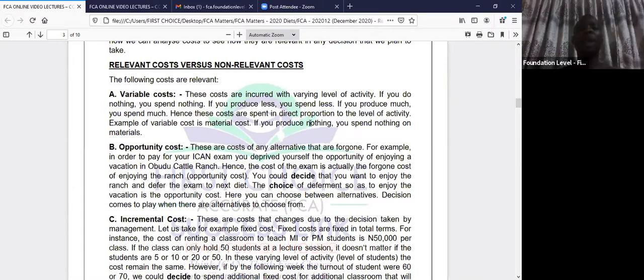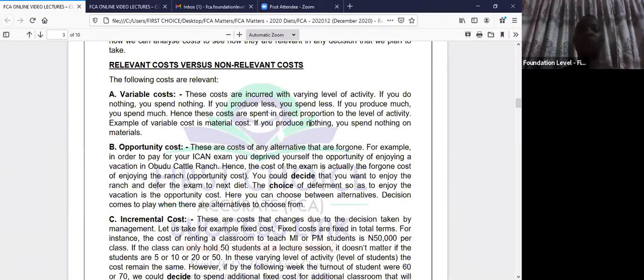Now, why is variable cost a relevant cost? I will tell you. These are costs that are incurred when we have different levels of activity. For example, if you are producing bread, and it costs you 100 naira to make one loaf of bread.